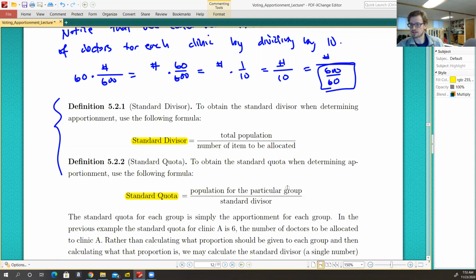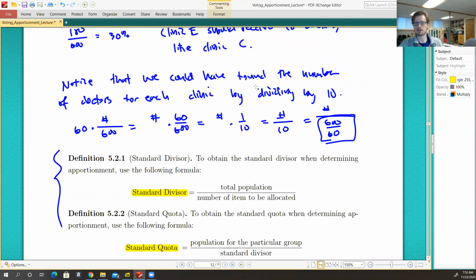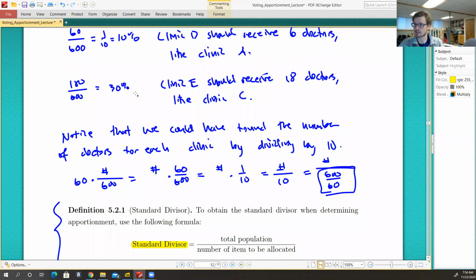So we take the population for a particular group, the number of patients seen each week for a particular clinic, divided by the standard divisor, and that gives us the number of doctors to be distributed to each clinic. So as we move forward, we can use the standard divisor to find the standard quota rather than computing percentages for each group that we are distributing to.